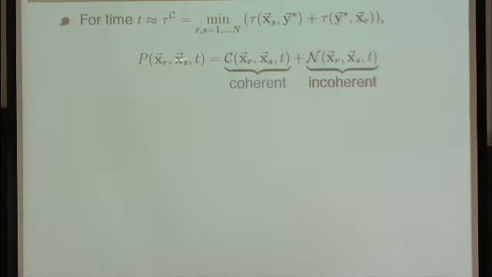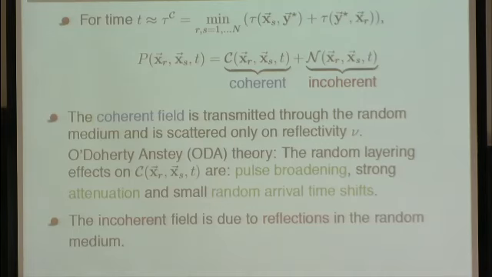Around the time that the echoes from the object that we wish to image arrive, this is what we observe. So this is a decomposition. We say this is a model: the data decompose into the coherent part, and the coherent part is the one that goes from the source, doesn't see the random medium, goes directly to the object and then comes back.